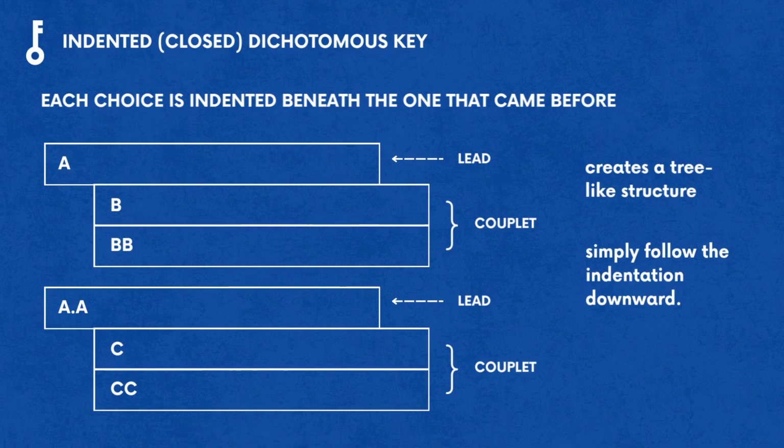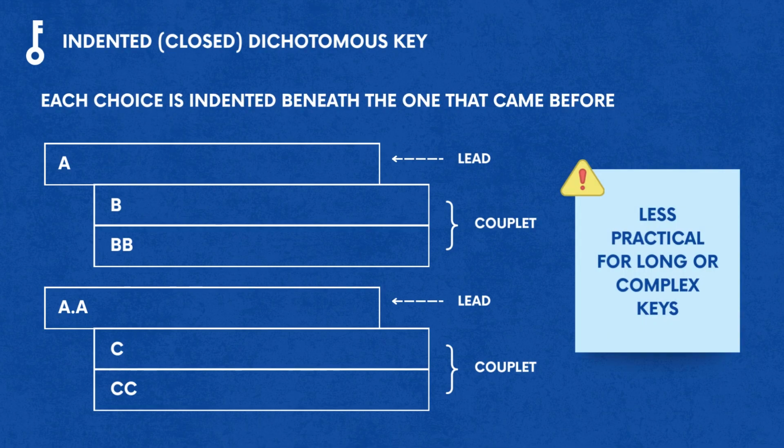Indented keys are helpful for short and simple classifications because the logical pattern of the choices is very easy to see. However, they are less practical for long or complex keys, as the constant indenting can push the text too far to the right, making it harder to read and compare options.